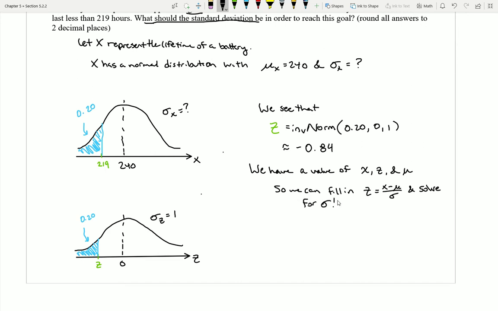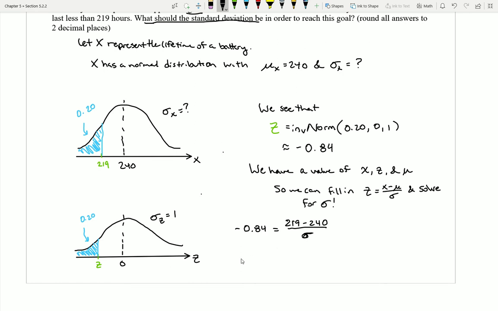Right? We have 3 of the values. So let's go ahead and just start filling it in. Okay, so I have negative 0.84. That goes in place of the z. On the top of the fraction, I'm going to have my 219 and then minus my 240, and that's over the sigma. Okay, so let's take this slow and deal with this one step at a time.